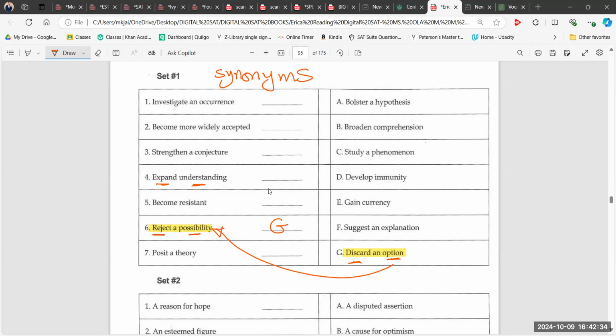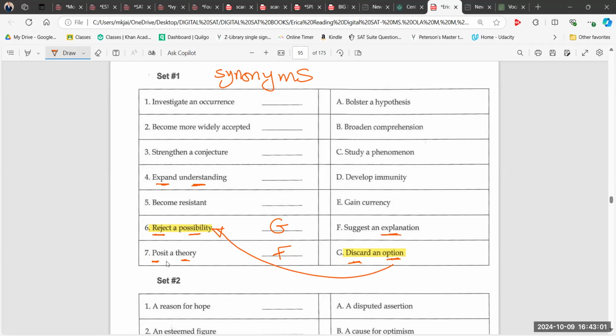Yes, Mariam, please go ahead. I don't know if it's true or not, but I think number 7 will be suggest an explanation. Yeah, when you posit a theory. Yes, you suggest an explanation.